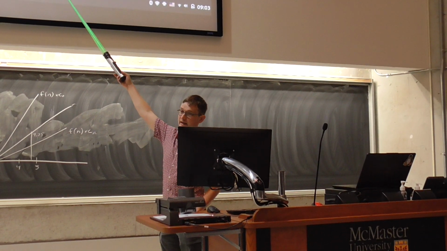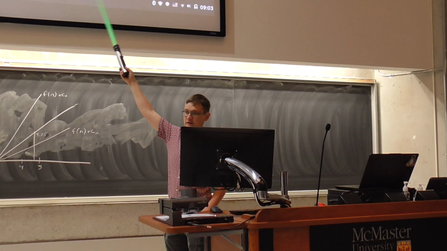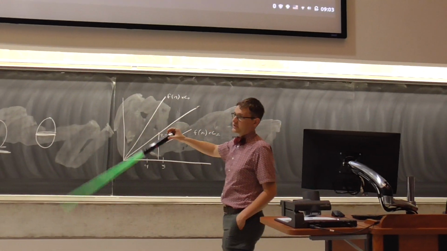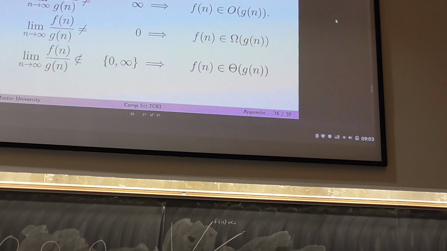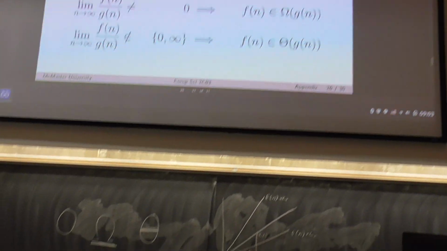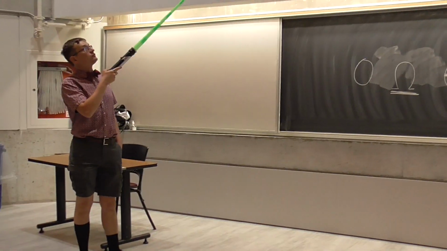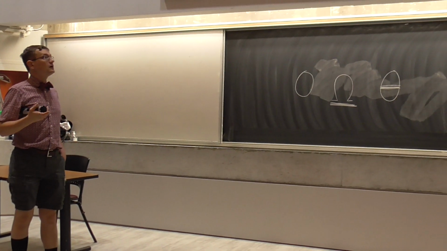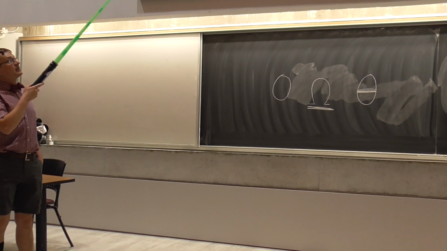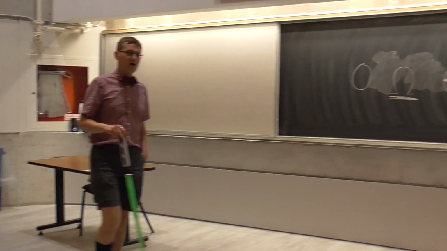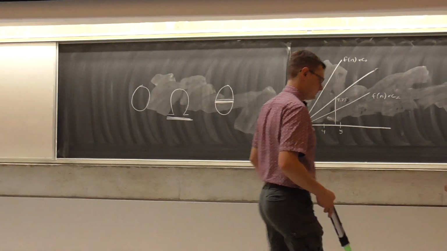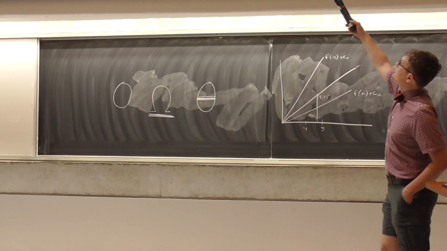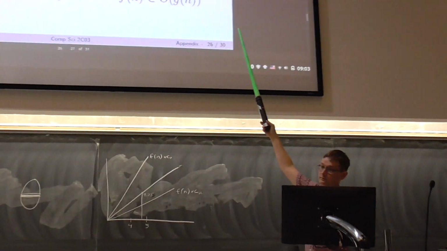Another way that you can find, in a more numerically precise manner, big O, big omega, and big theta is to use limits. So, if you have two functions, f and g, if the limit as n approaches infinity of f over g is not equal to 0, or sorry, is not equal to infinity, then that's an upper limit.